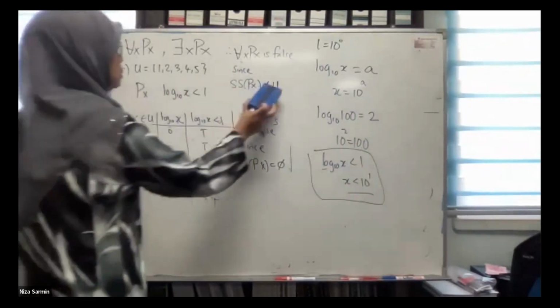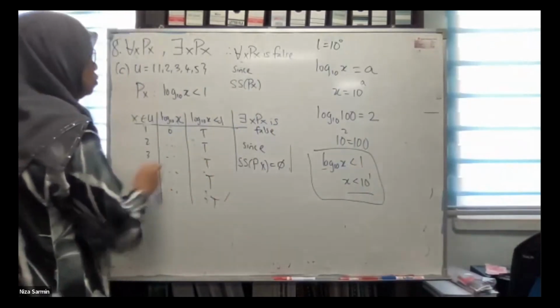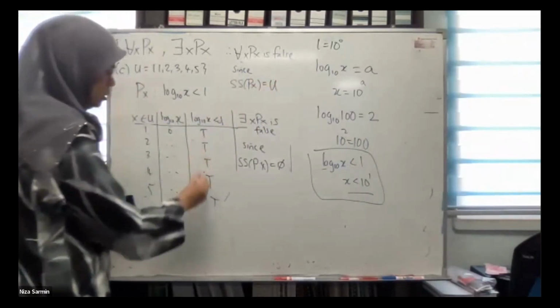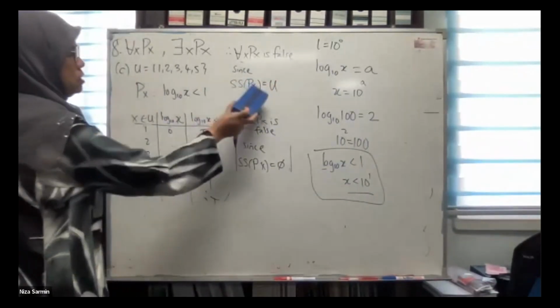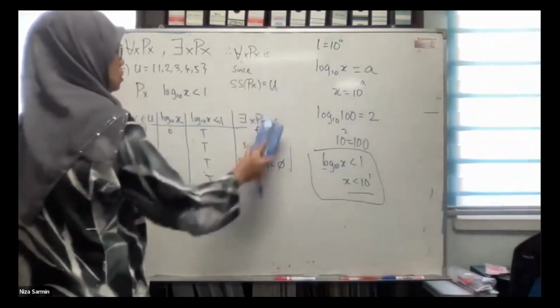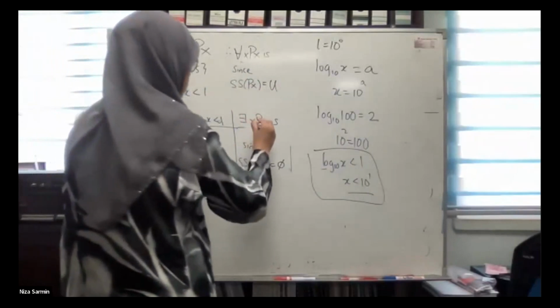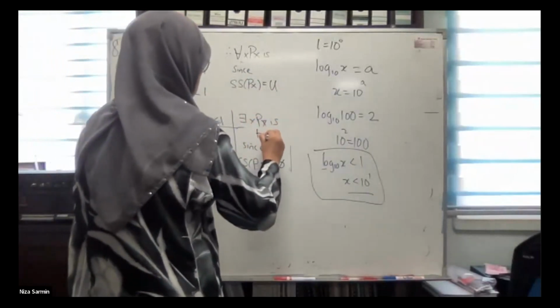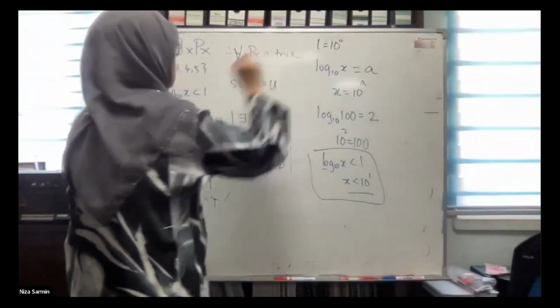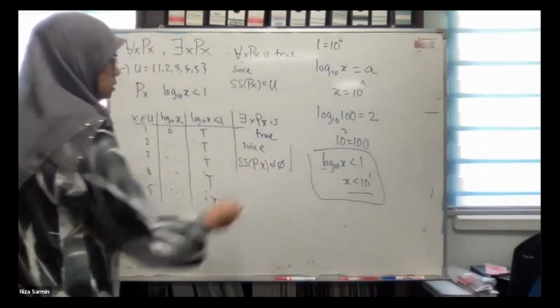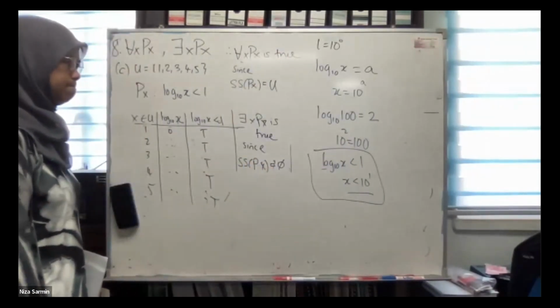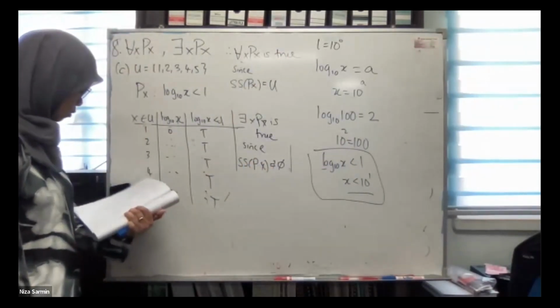So in this case, this is U, all T. If this is true, this is automatically true. Okay, and this is not empty.